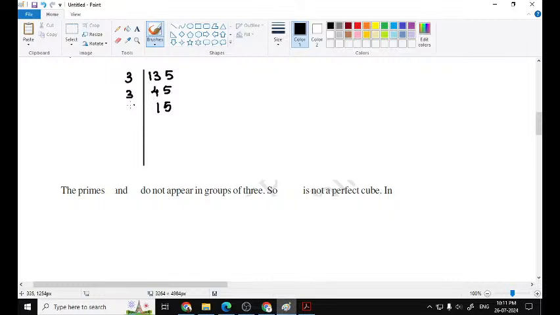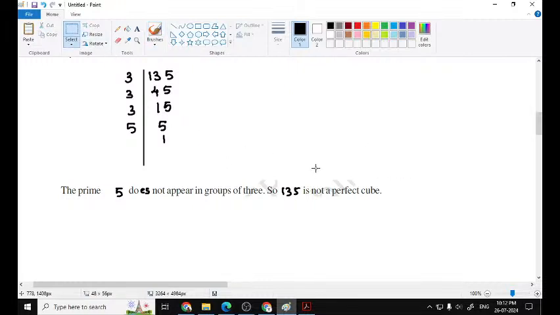Quotient is 45, which is divisible by 3. Quotient is 15, which is divisible by 3, then 5, 5, 1. The prime 5 does not appear in a group of 3. So 135 is not a perfect cube.